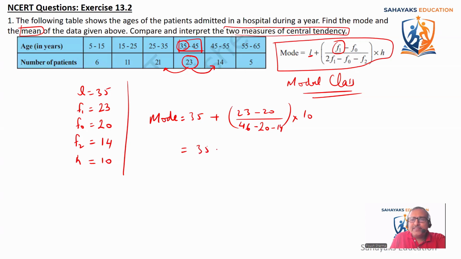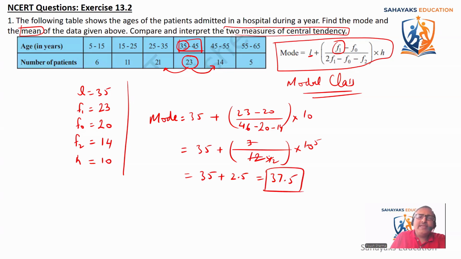So it comes out to be 35 plus 23 minus 20 is 3, divided by 46 minus 34. 46 minus 34 is 12, into 10. So it's 5 by 2. It comes out to be 35 plus 2.5, which is 37.5. So the mode value comes out to be 37.5.